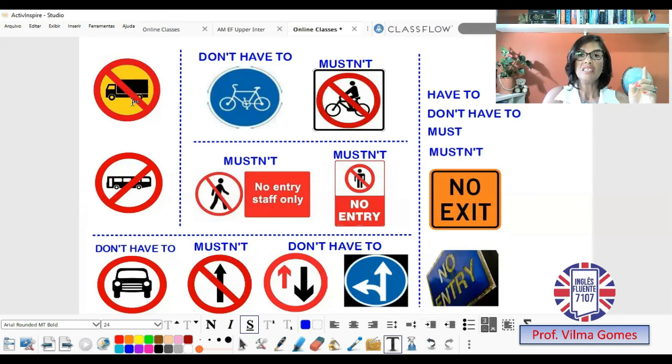They aren't, né? They're not allowed. Eles não têm a permissão, né? Não têm a permissão para trafegar nesta área. And the buses, yeah? Nor the buses. Neither trucks nor buses traveling in this area, right? So it's a prohibition.